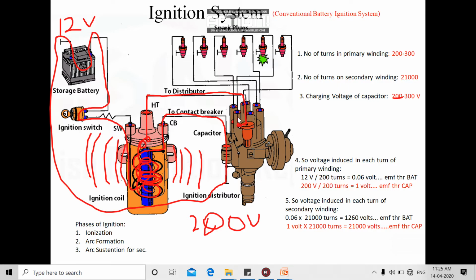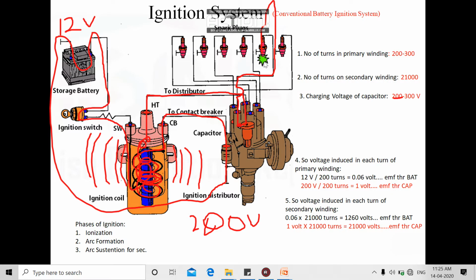The current jumps just here, and the higher voltage developed in the secondary winding is conveyed to the respective spark plug and the spark is initiated, as shown in the slide.